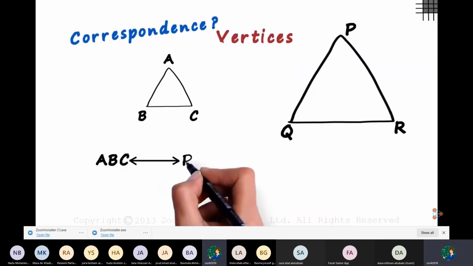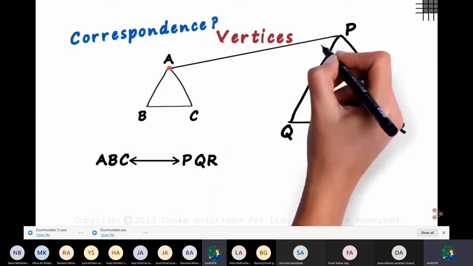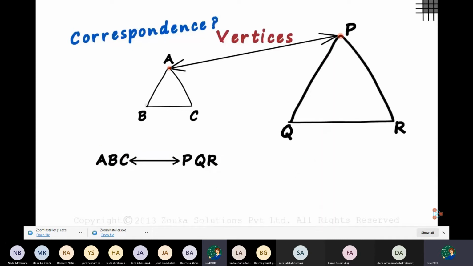Like side AB, when can I say that ABC corresponds to PQR? Look at these two vertices, P and Q, they correspond.